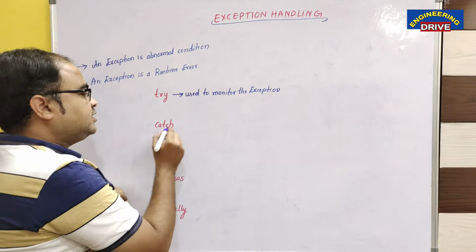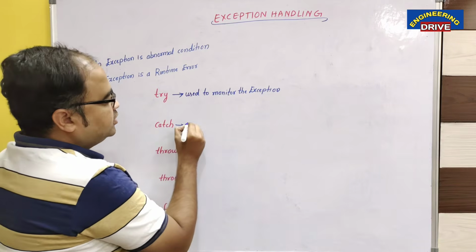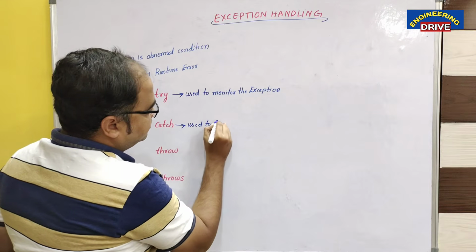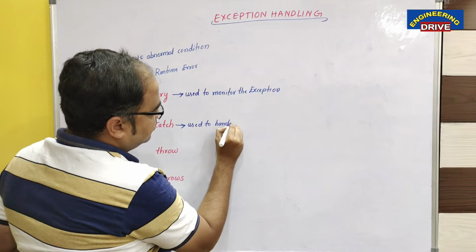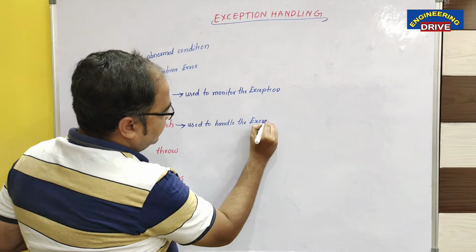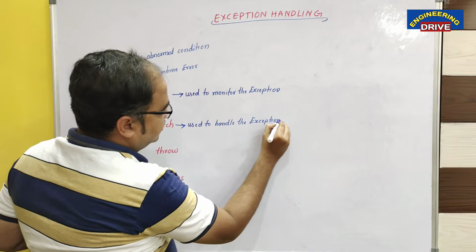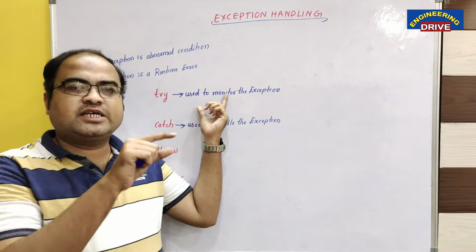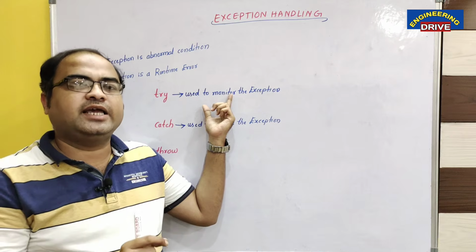Okay. Next, what is the use of catch block? Catch block is used to handle the exception. So dear students, you can see the try block just monitors whether the code contains any errors or not.